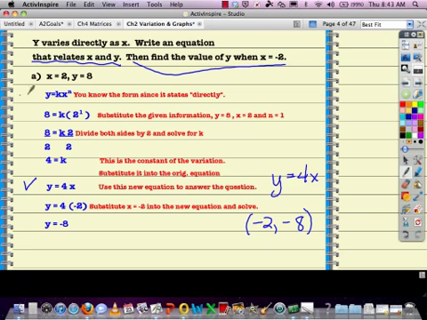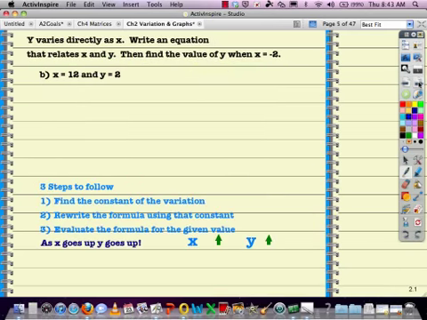We first identified using the words what type of equation we were dealing with. We substituted in the given information. Once we had that information substituted, we should have been able to solve for that k value. Once you have the constant of the variation, you can write that new equation with the constant in it and use it to solve for any other missing values. That is going to be the strategy which you will use on most variation problems.